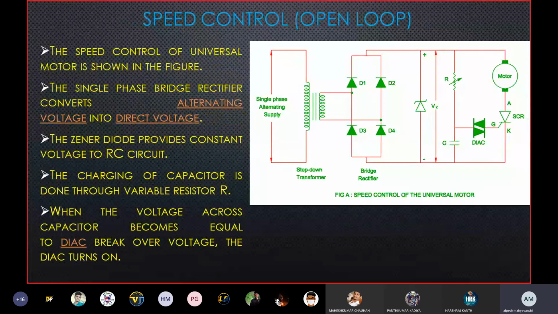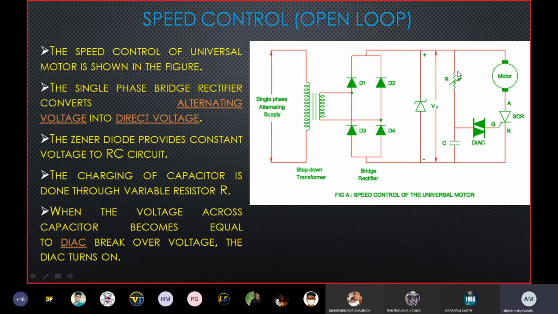This is the open loop speed control, in which the SCR is turned on and off by this diode. When capacitor voltage becomes equal to this diode breakover voltage, at that time this diode turns on and gate pulse is given to the SCR, and SCR becomes on and supply is given. The speed control depends on the variable resistor value.